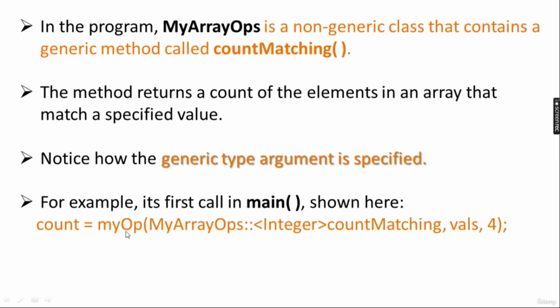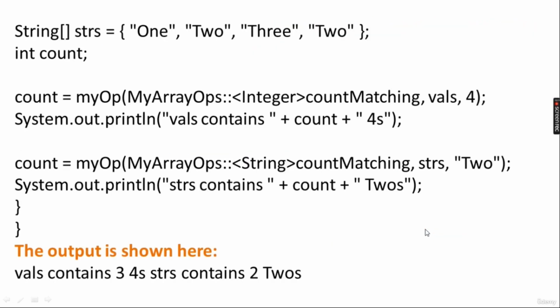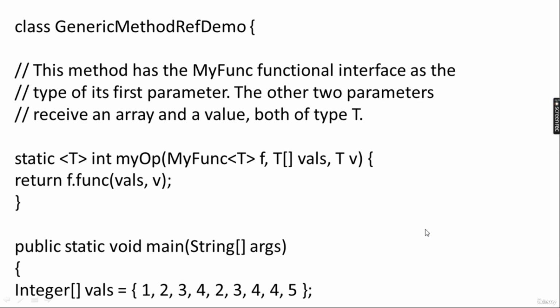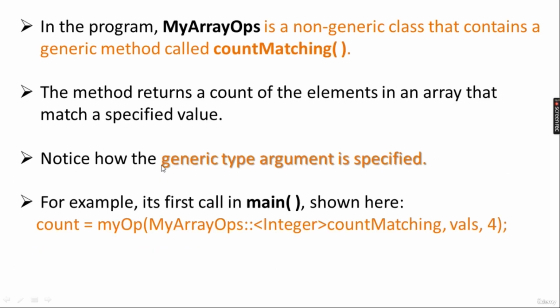This is the method called countMatching, and myOp is also a generic method, static T int myOp. This also does not need an object name, only the class name, double colon, type specification, and then the method name.